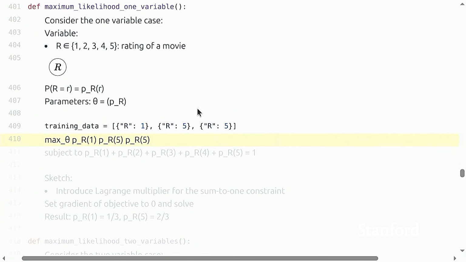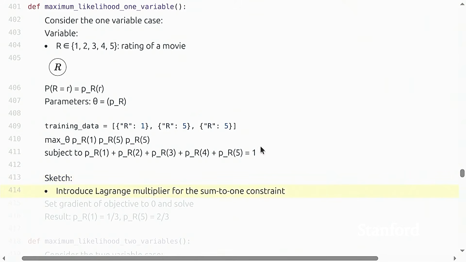Now, the one thing is it has to be a probability, so all of these have to sum to 1. I'm not going to go through the math formally, but the way you solve this optimization problem is that you introduce a Lagrange multiplier for the sum to 1 constraint. You compute the gradient, set it to 0, and solve.